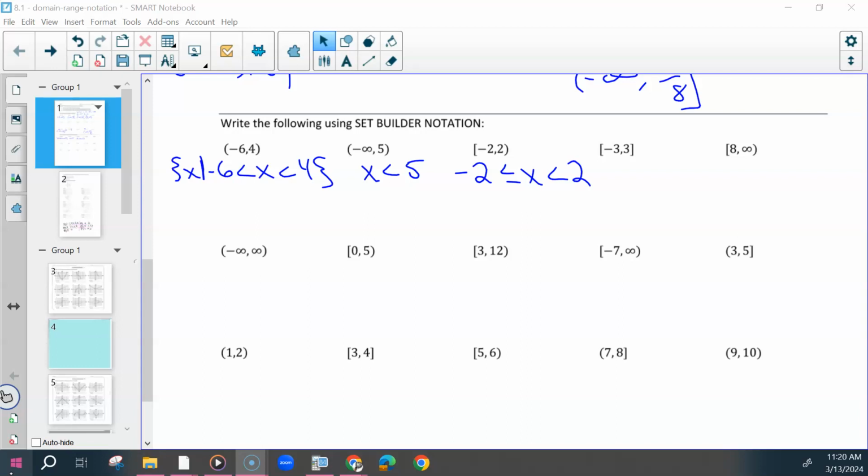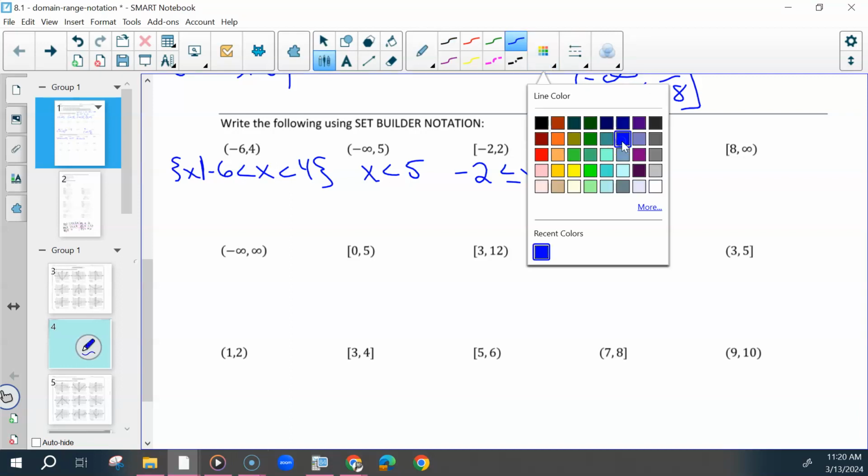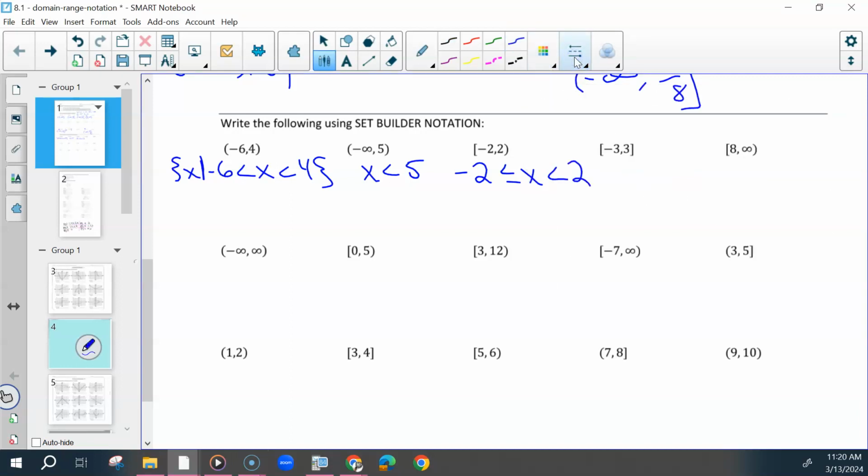We're going to do one more, and then any of you who want to see something go over. Let's do this one. We'll skip this one and do the 8 to infinity. So, 8 to infinity, it is going to infinity. Would that be greater than 8 or less than 8?